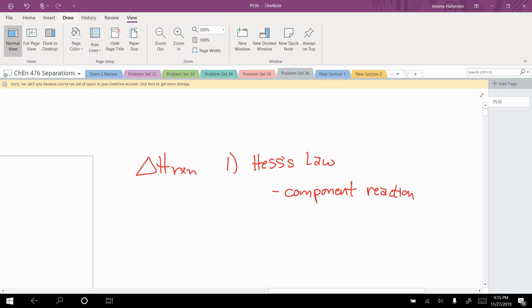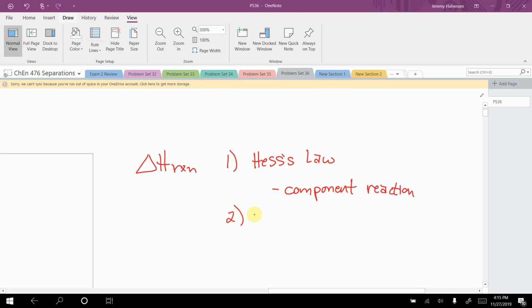So that's Hess's law. Two is using delta H's of formation.